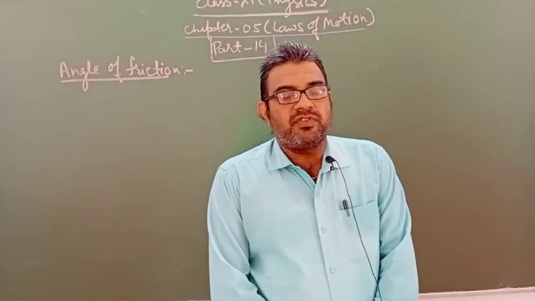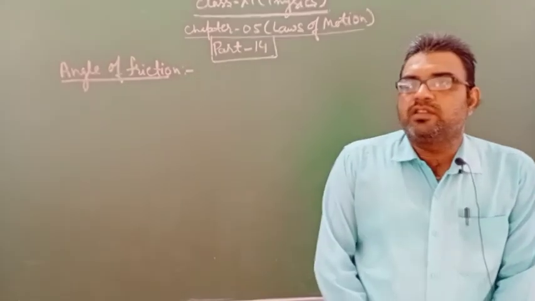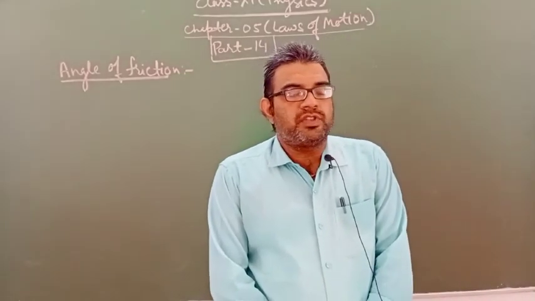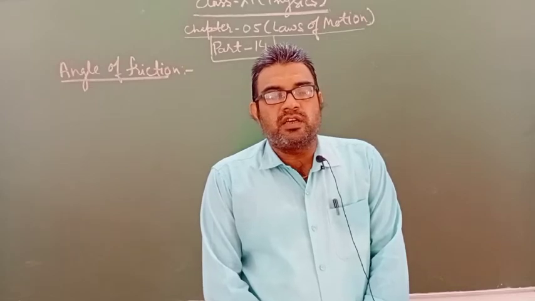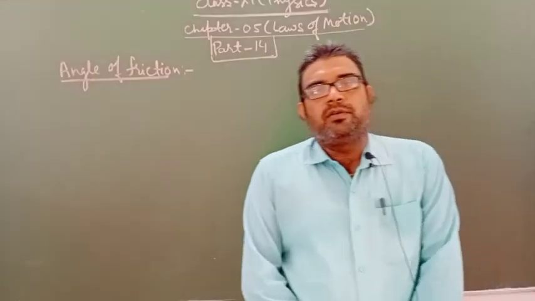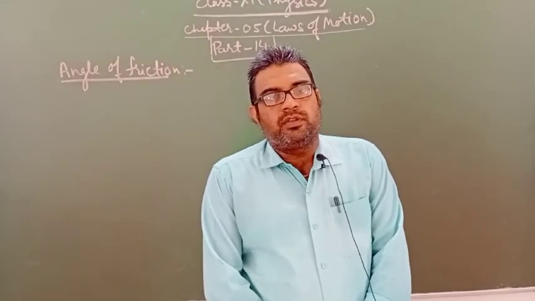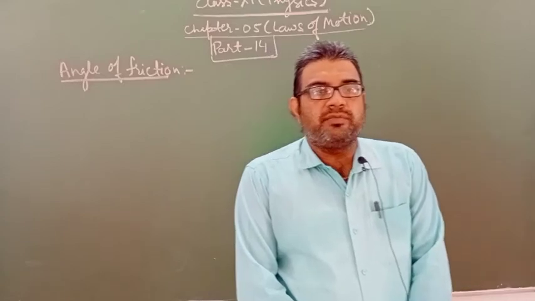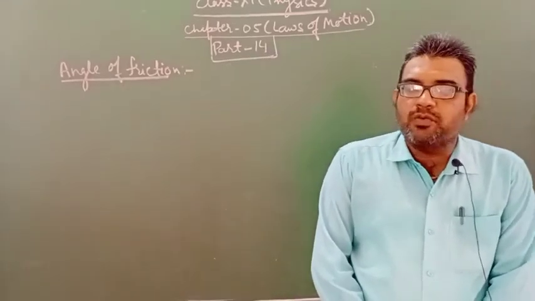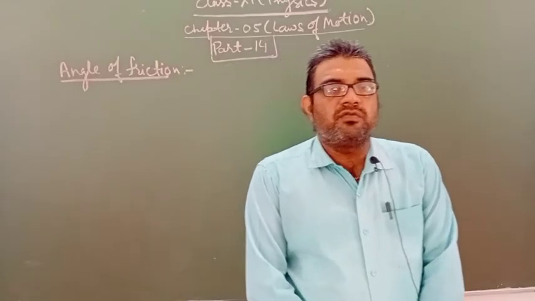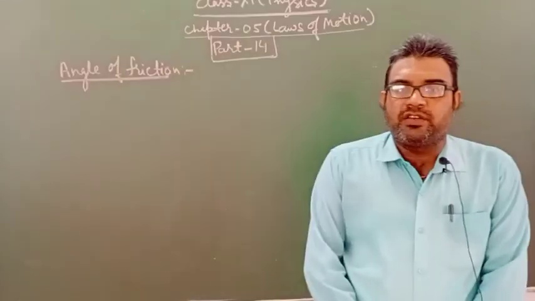The maximum value of static friction is called the limiting friction, the maximum value of friction acting on the body. We had discussed certain laws of limiting friction, and we had derived the formula for the coefficient of limiting friction.